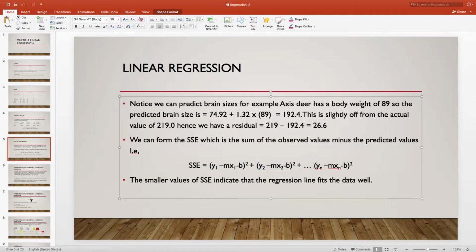Another way of thinking of this is the sum of the squares of the residuals. The smaller the value of SSE, that means that you have smaller residuals on average. So a smaller value of SSE indicates linear regression fits the data well.